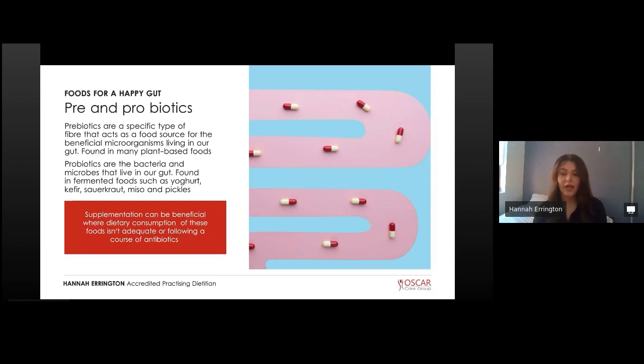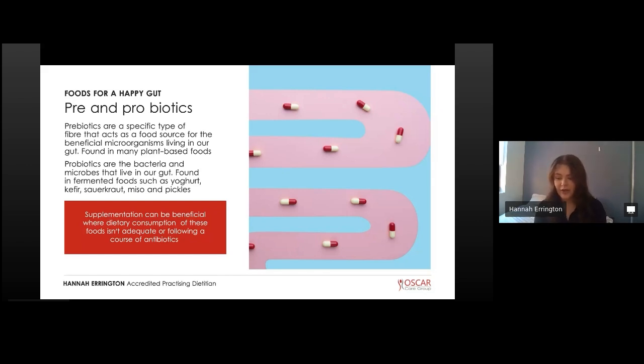They're found in a lot of plant-based foods, so certain types of fruits and vegetables, whole grains and beans, lentils and legumes, versus probiotics, which are the bacteria and the microbes that live in our gut, and we can get them from some of the foods we eat, particularly from fermented foods such as yogurts that have live or active cultures of bacteria in them, and also things like kimchi, sauerkraut, miso, and kombucha. And there's also some cheese that will have live active cultures in them as well.